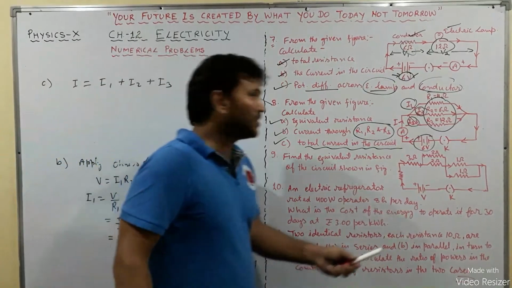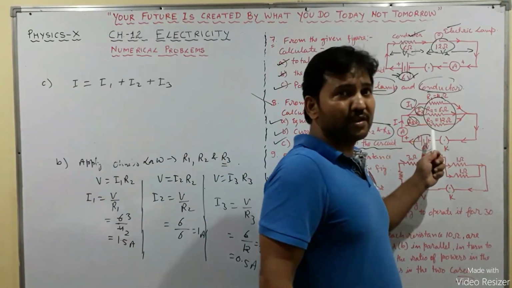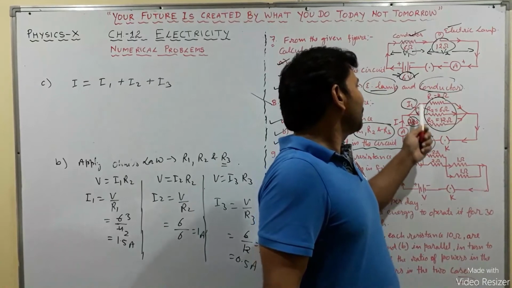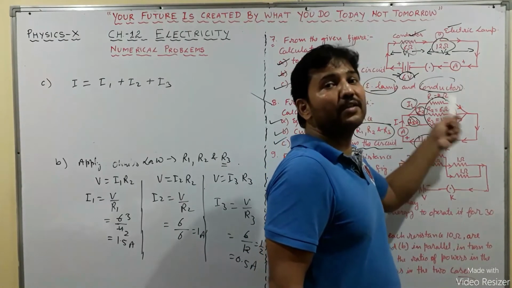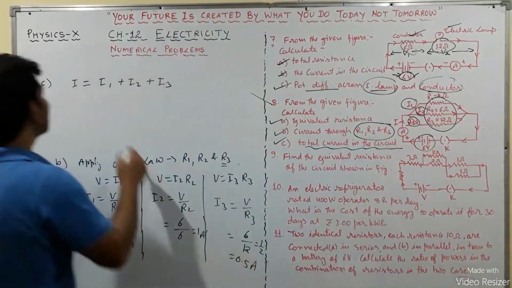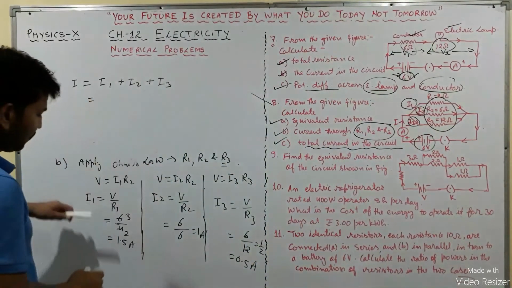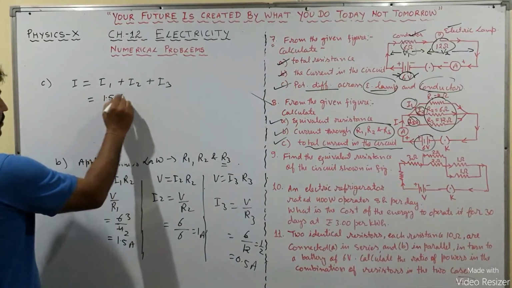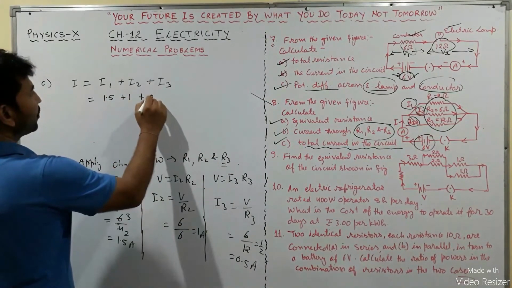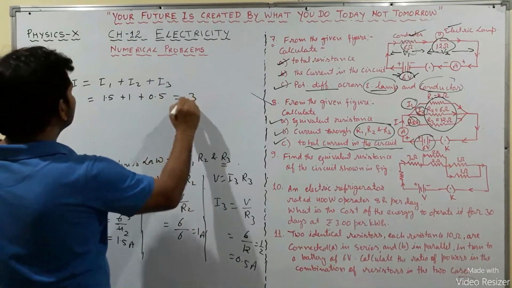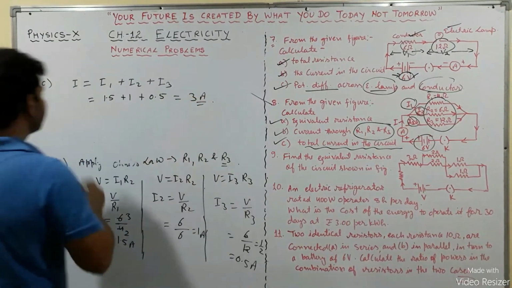In parallel combination, the sum of the current flowing through each resistor is equal to the total current flowing in the circuit. So I is equal to I1 plus I2 plus I3. What was I1? That is 1.5 and I2 that is 1 and what is I3? That is 0.5. So answer is 3 ampere.